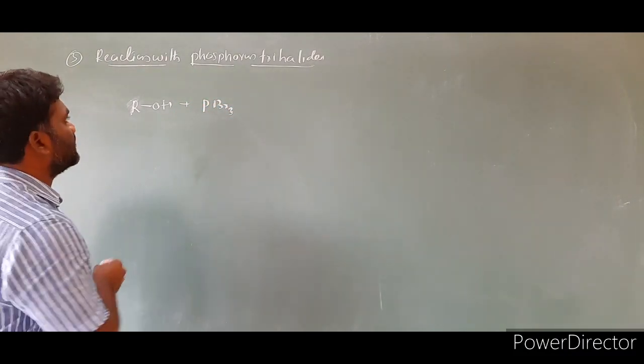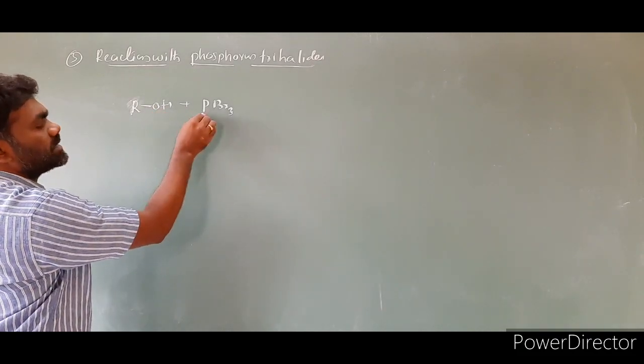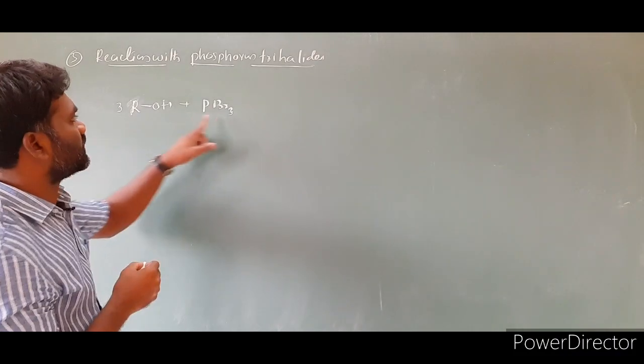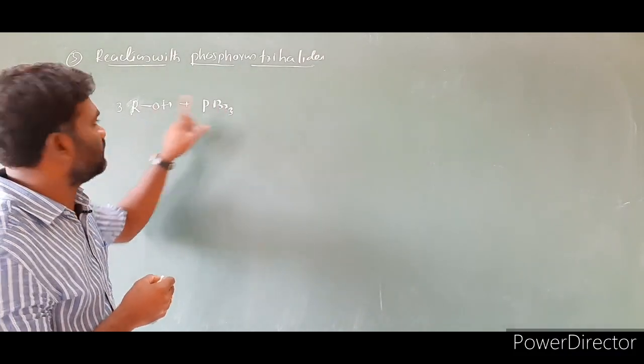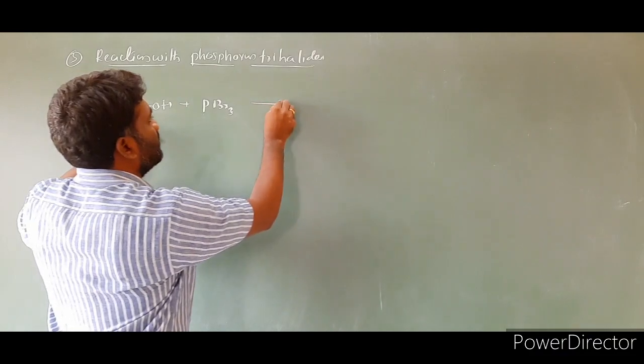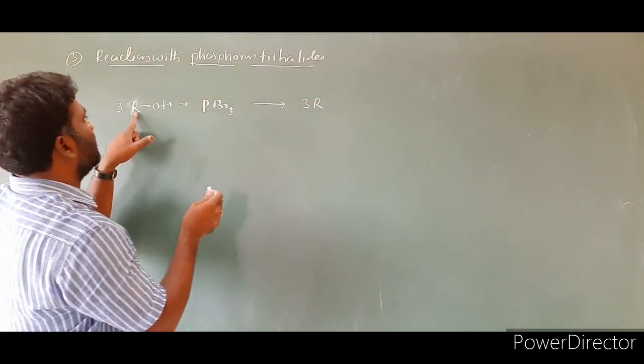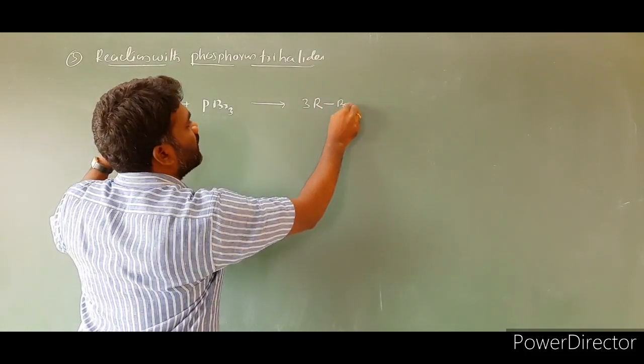How do you write the product? The OH and the P are taken together in the form of H3PO3. I am taking 3 molecules of ROH, since there are 3 bromines, so we take 3 alkyl groups. The bromines attach to the R, and we get 3 RBr.